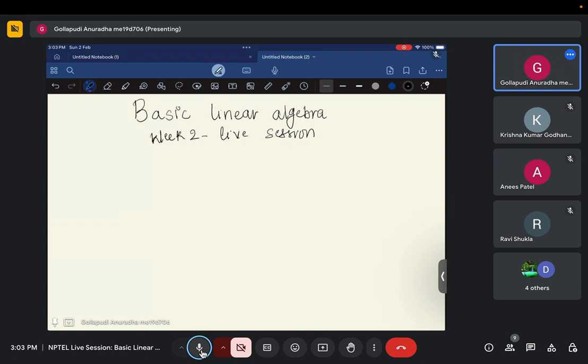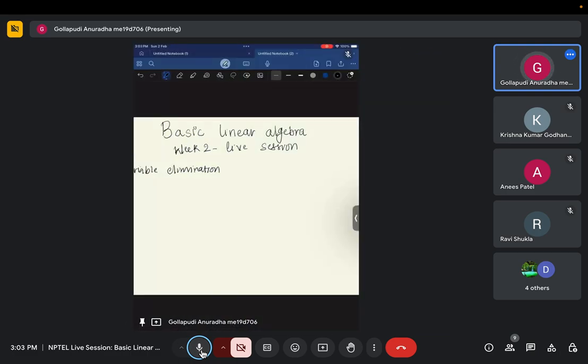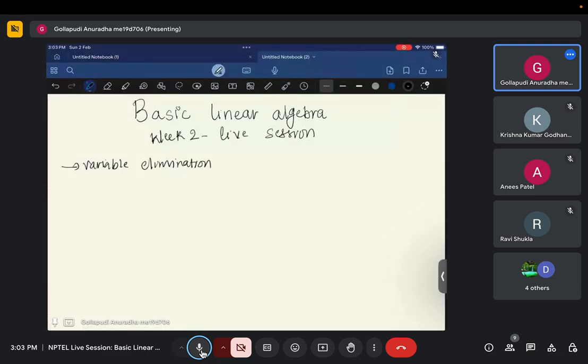So first we saw what is the variable elimination method. Then we saw the possible solutions, like what it means if it has a single unique solution, or infinite solutions, or no solutions at all, with examples of lines and planes.